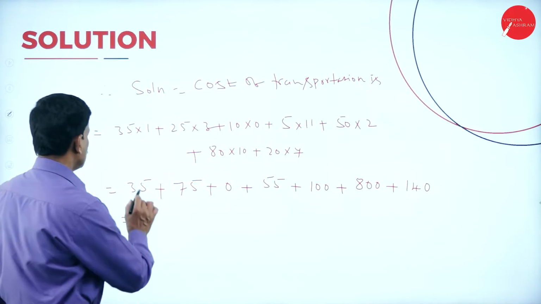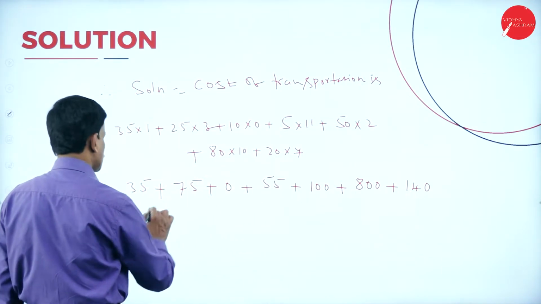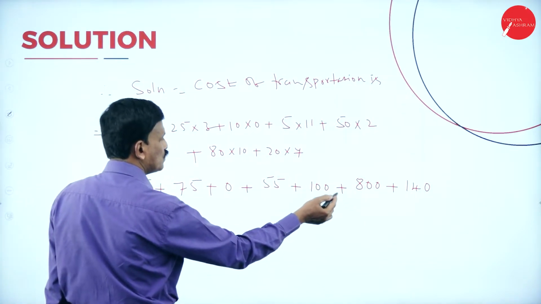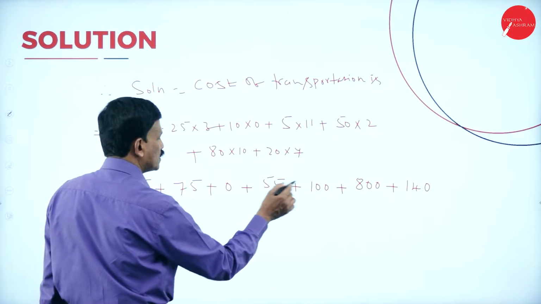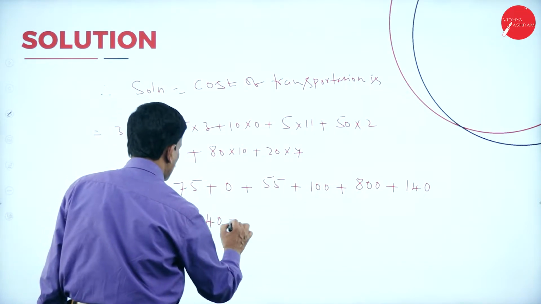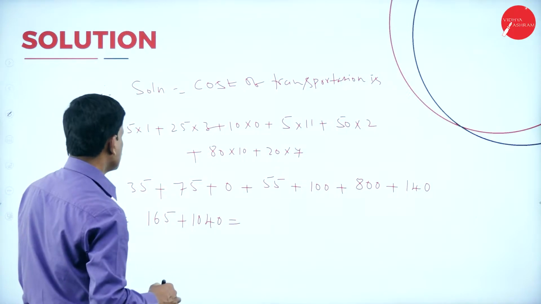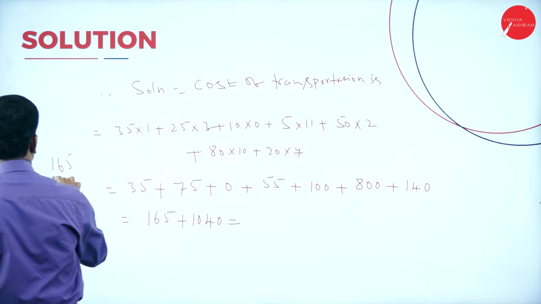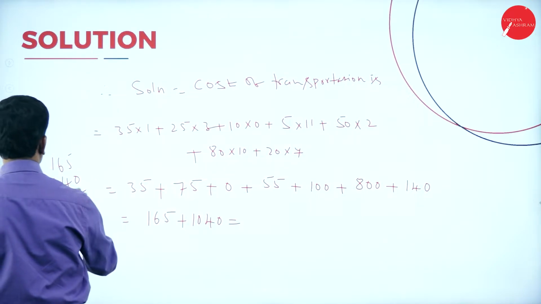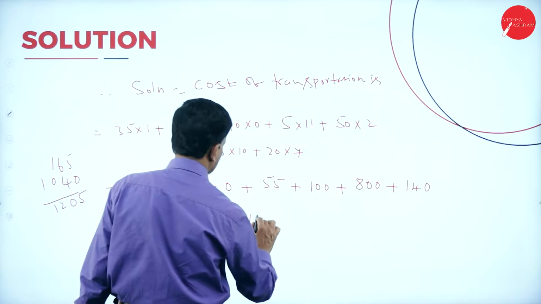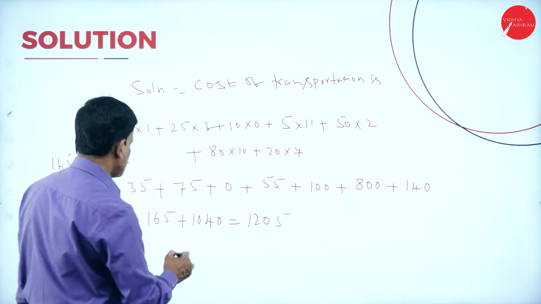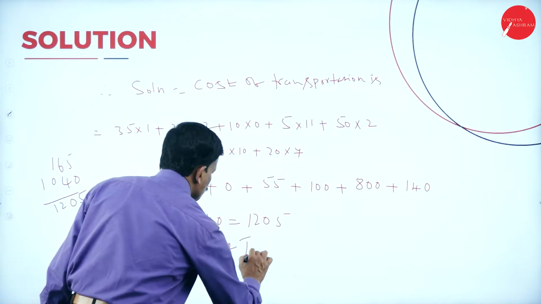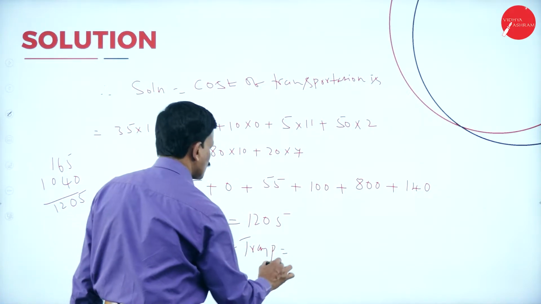Let us add this. 35 plus 75 plus 55 is equal to 165, plus 100 plus 800 plus 140 is 1040. If we add 165 and 1040, we will get 1205. The cost of transportation is therefore rupees 1205.